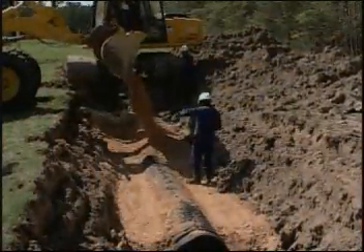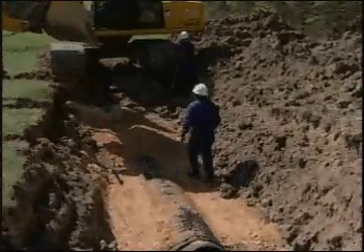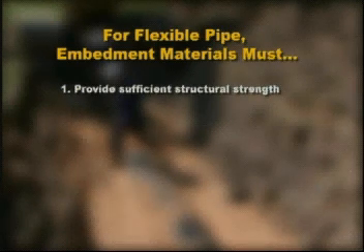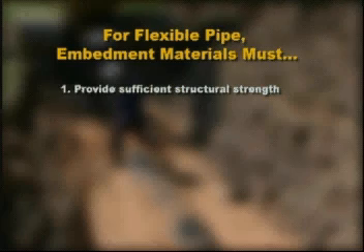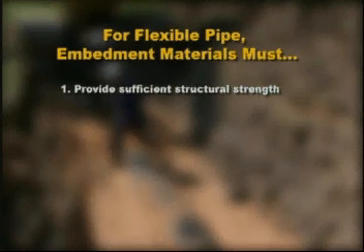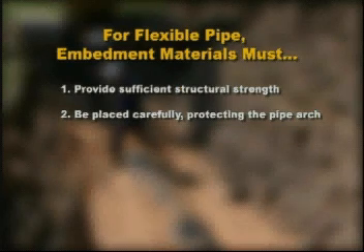Recognizing the importance of E', the modulus of soil reaction, for flexible pipe, the following critical requirements must be considered. 1. Selected embedment material must provide sufficient inherent structural strength. For example, crushed rock offers much more strength than sandy loam. 2.